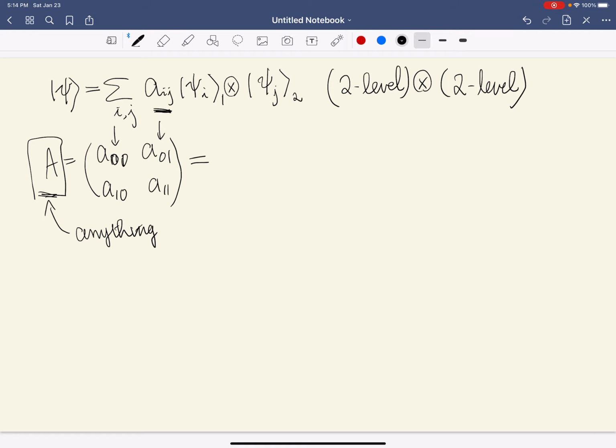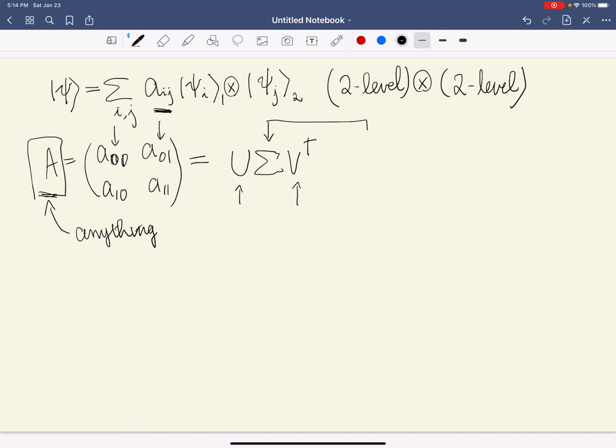Okay, so what SVD taught us is that I can decompose this arbitrary matrix of coefficients into a product of two unitary matrices, U and V, with some diagonal matrix sandwiched in the middle. And the noticeable thing about this is that the diagonal elements are all positive, or at least non-negative.